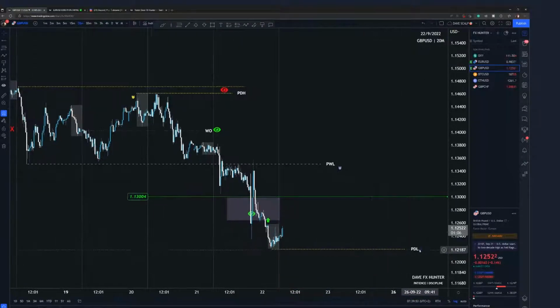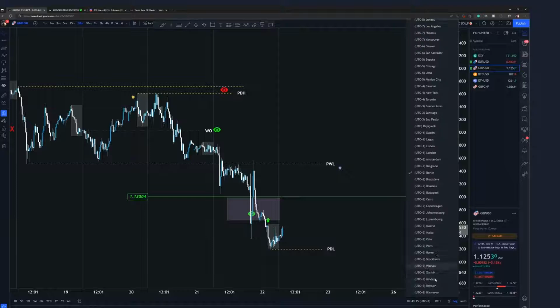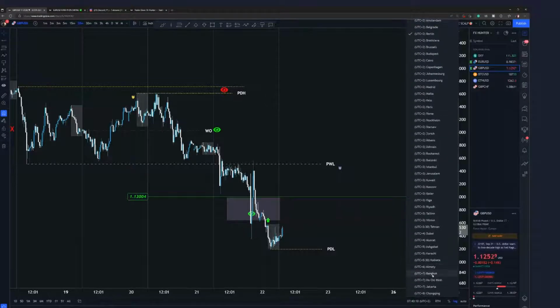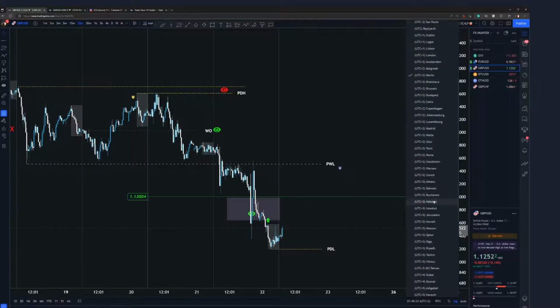So here we got a previous day's low. Now I actually want to tell you something where many people are making a mistake, because now look at this time, right? I've got the time UTC plus 2, but mostly the brokers have this time, and this is very, very important.